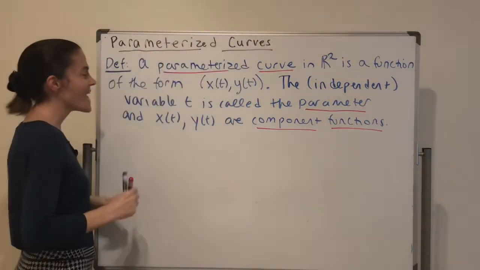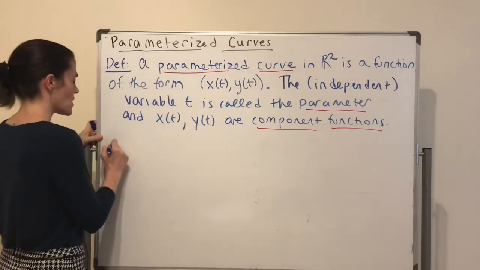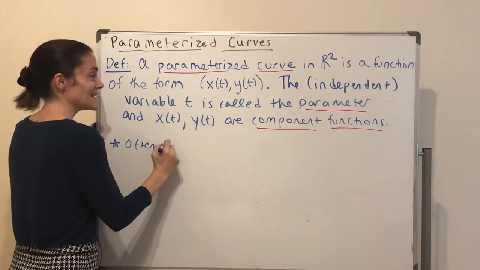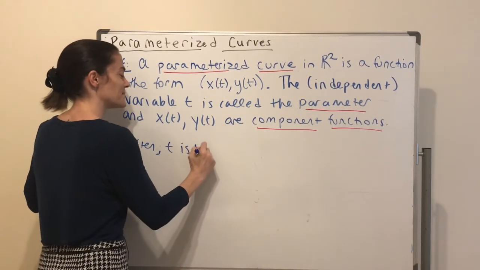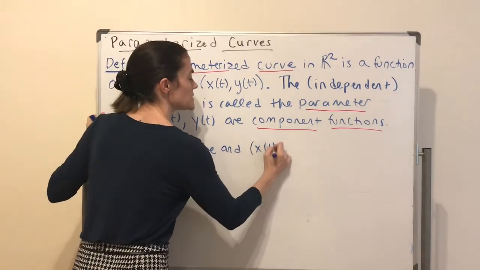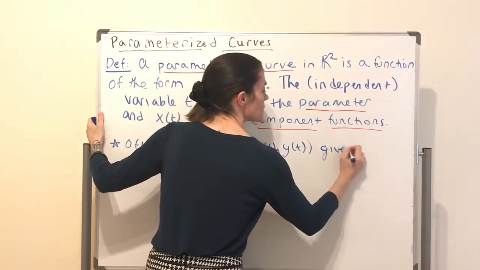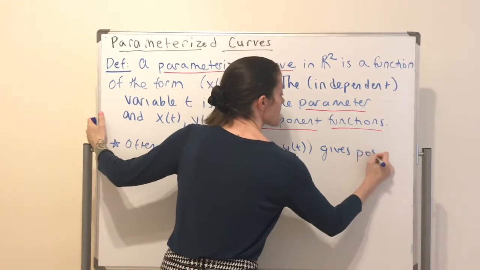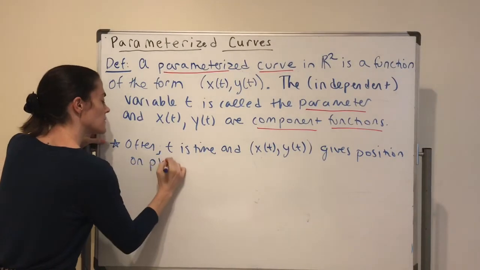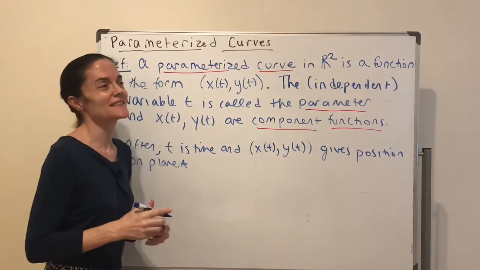Okay? Now, quite often, maybe I will put this in some stars, often this parameter t is time, and this x of t, comma, y of t gives the position on the plane where we're talking about motion in space.